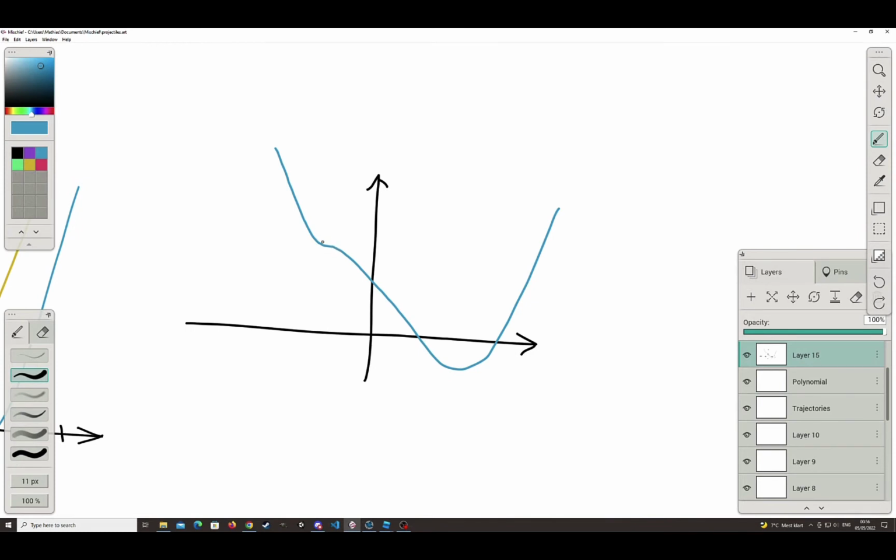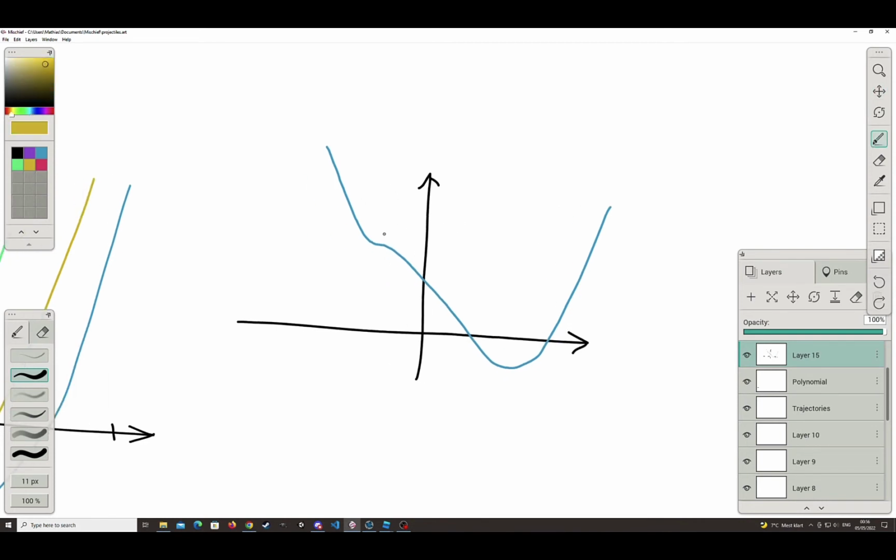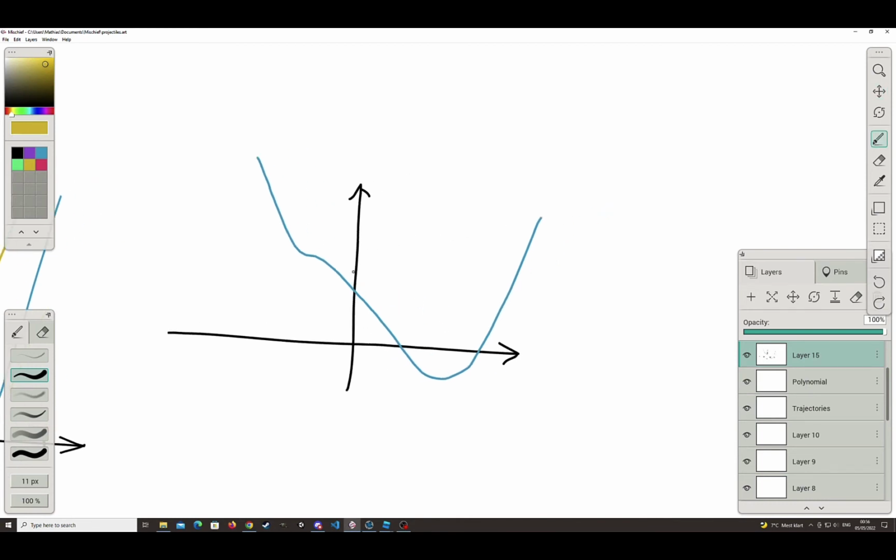So right here at this point, it never goes to a positive derivative. Then the derivative is not going to intersect the x-axis there either.